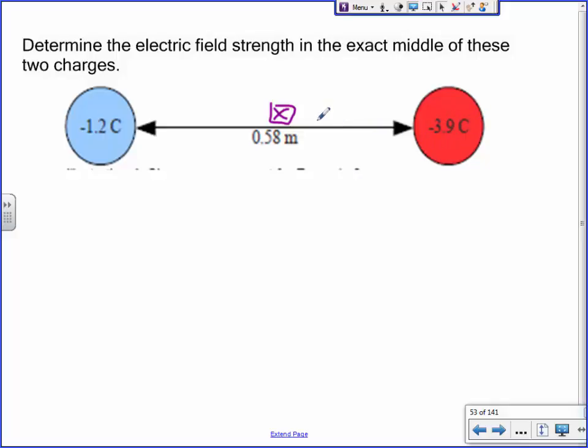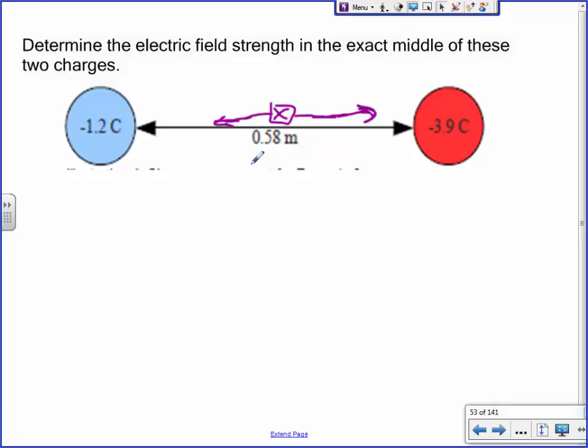Which way would the field be going with a negative 3.9? Towards or away? Towards, yeah. So this guy is being pulled towards that guy by this charge here, right? However, over here, this 1.2 coulomb is also getting pulled towards that guy. It's right in the dead center middle.